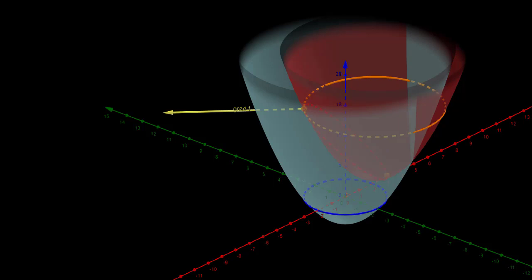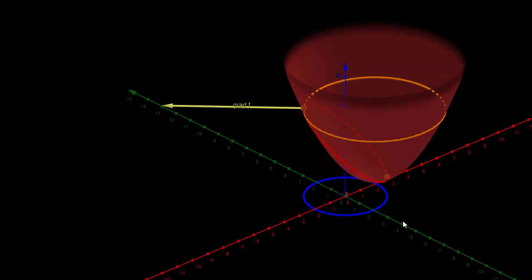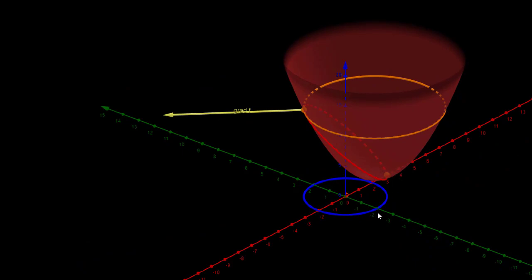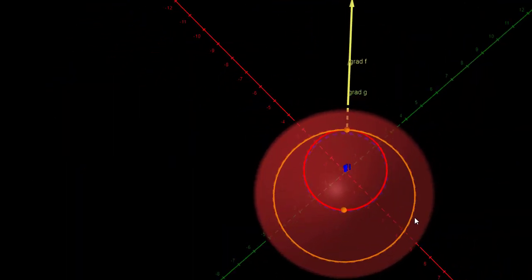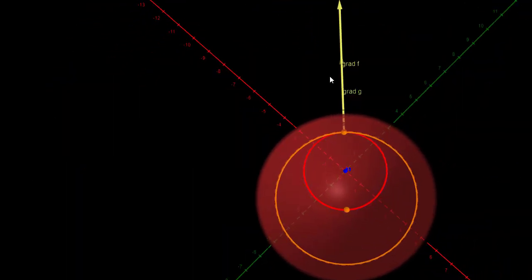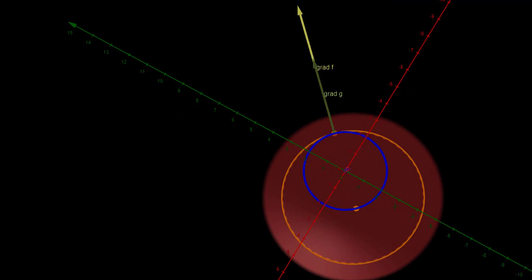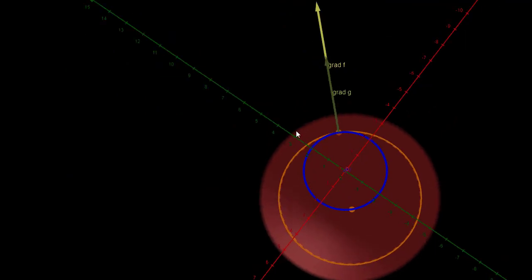We dropped that because it's not that useful, but this is the level curve of that function when z is equal to 0. And if we take the gradient of g, here's the gradient of g, we see that at the same xy point, these two gradients point in the same direction. They're parallel.